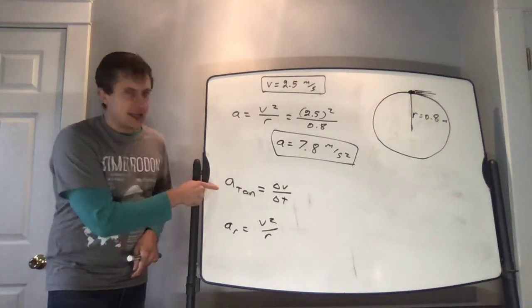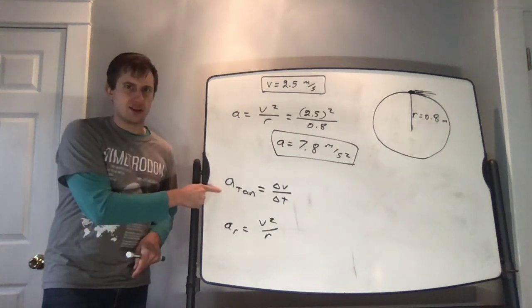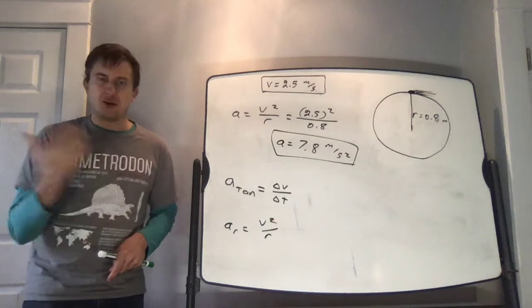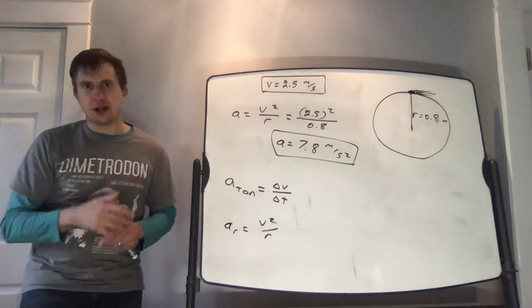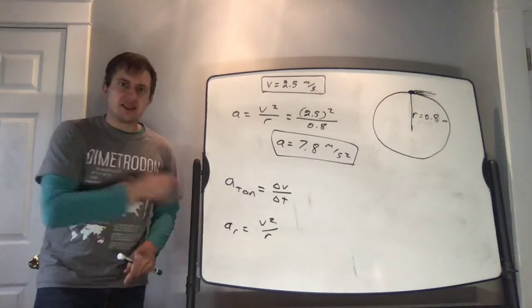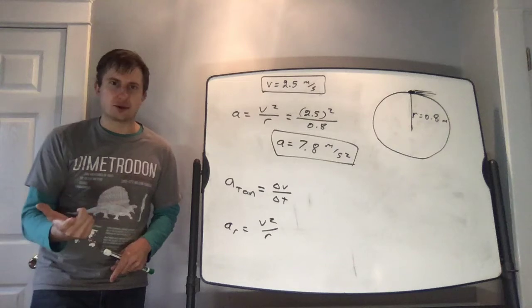A tan is the component of the acceleration that will cause you to speed up or slow down. And A tan will always be either parallel or opposite, anti-parallel, to the direction of the velocity vector. A radial is the component of the acceleration that causes you to change your direction of travel.